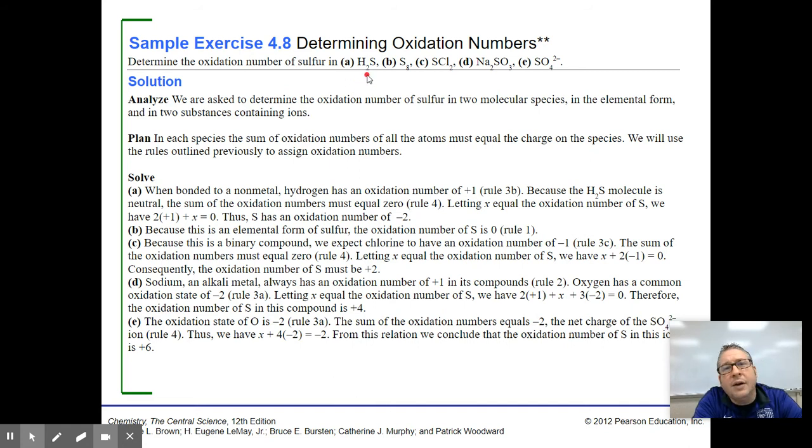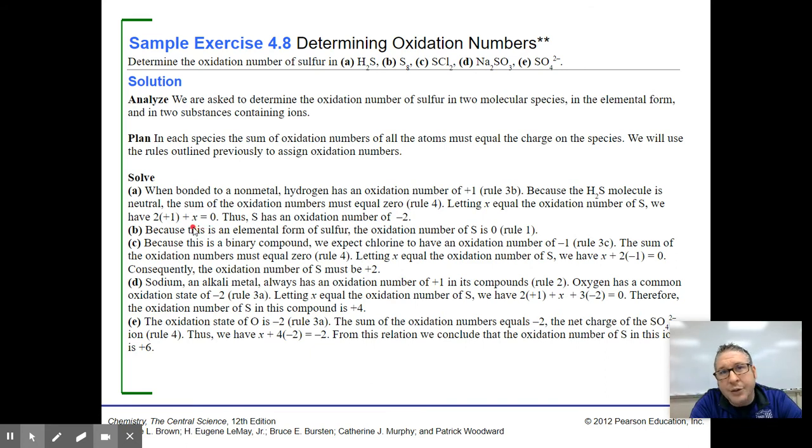But as you see here, there is a subscript of 2 on there. So I put 2 times +1, plus X. We use X for the unknown we are solving for, just like algebra.